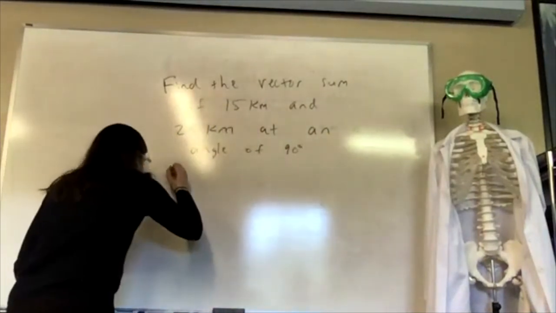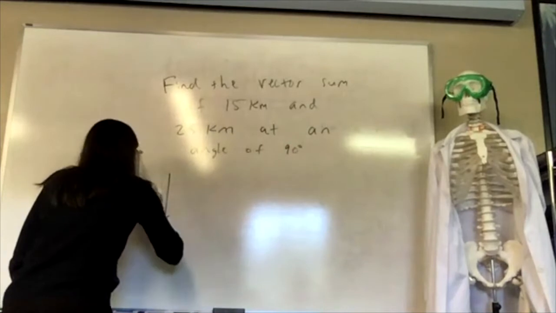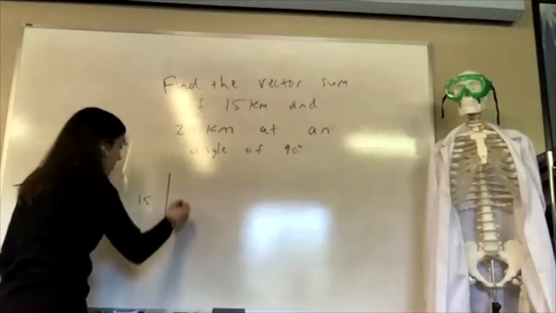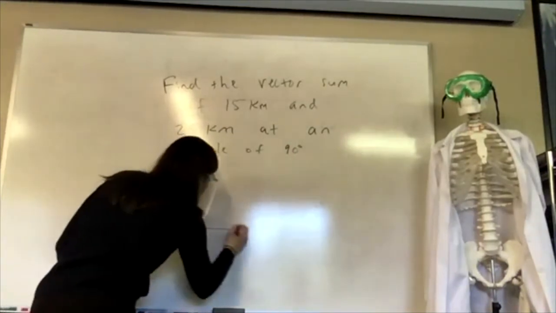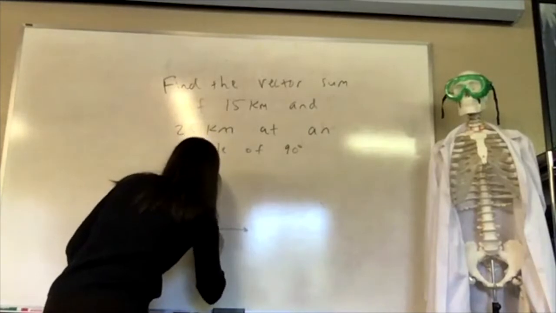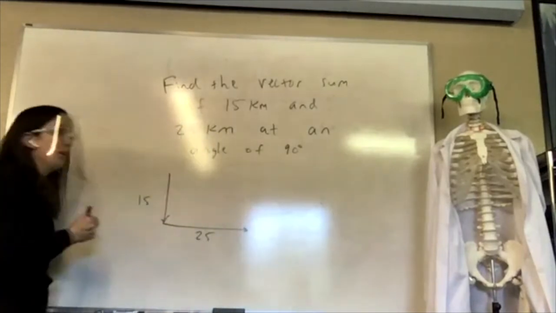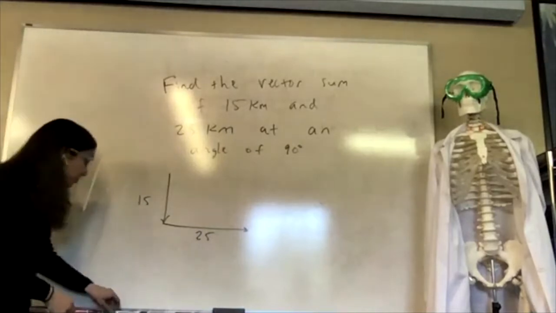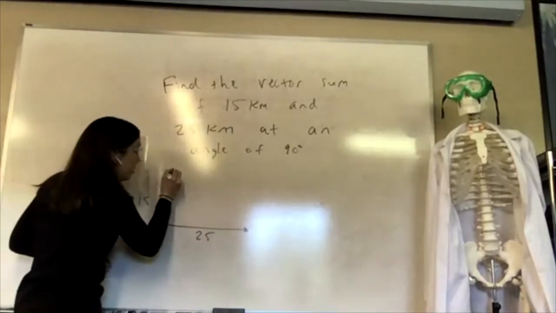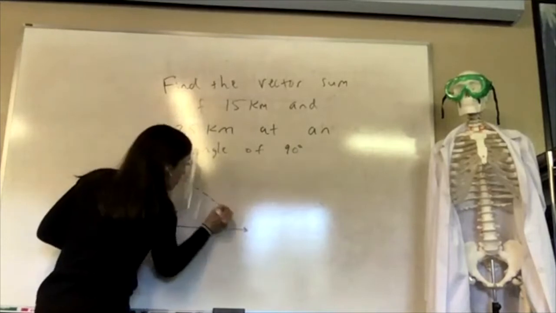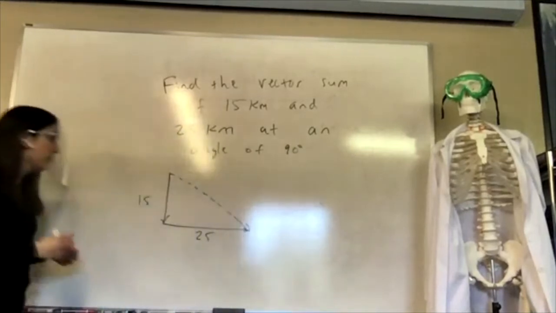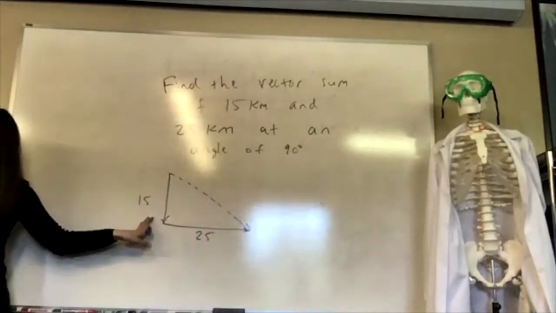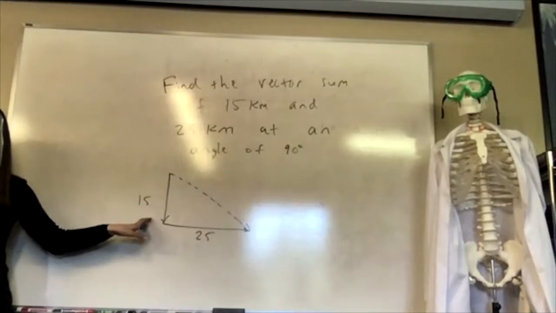So in this case, we go down 15 kilometers, angle of 90 degrees. We then go this way, 25 kilometers. Again, we're trying to find out our displacement, the hypotenuse. We start right here, we end right there. So with a 90-degree angle, we can use the Pythagorean theorem.